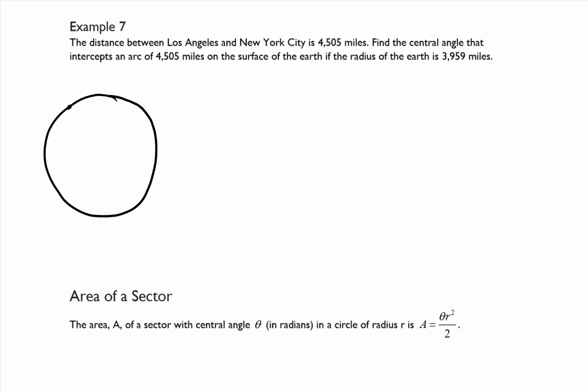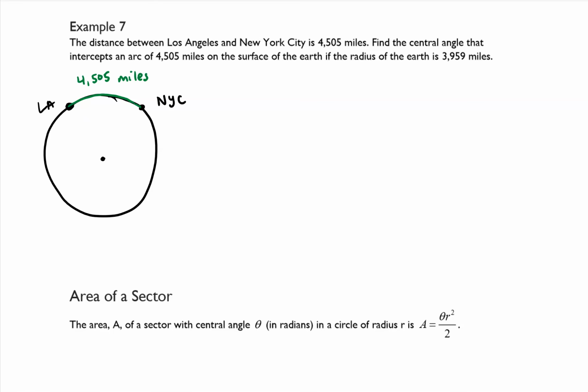And let's say here is Los Angeles, and here is New York City. Now, I probably haven't drawn this correctly to scale, but whatever. So here's the center of the Earth, and we know that the distance between Los Angeles and New York City is 4,505 miles.